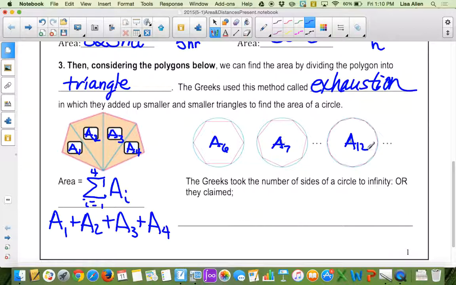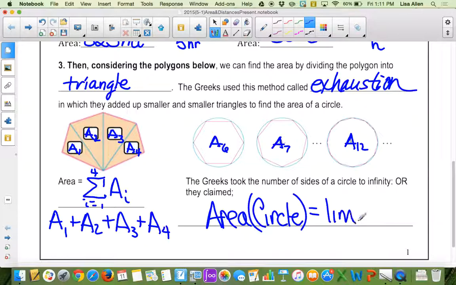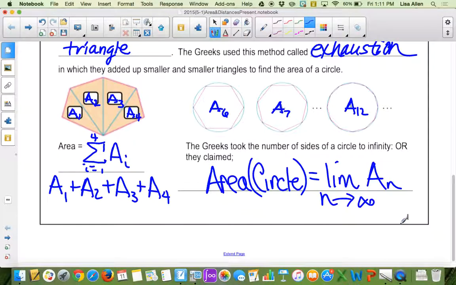The Greeks took the area of a circle to be equal to the limit as the number of sides n approaches infinity of that A sub n idea that you see above. So they were able to approximate the area of a circle, and you know today it's pi r squared.